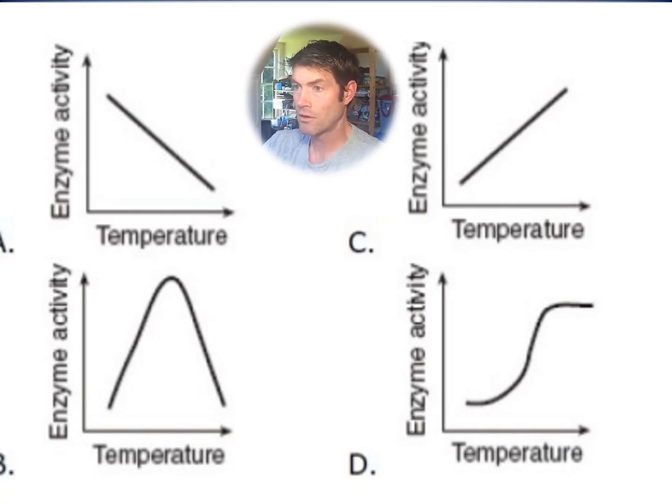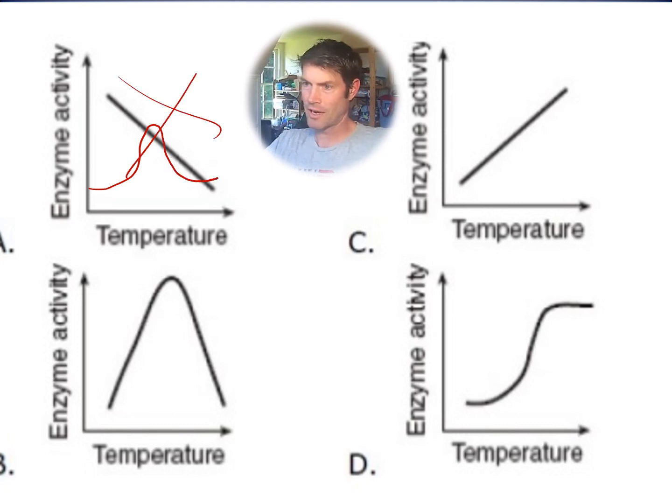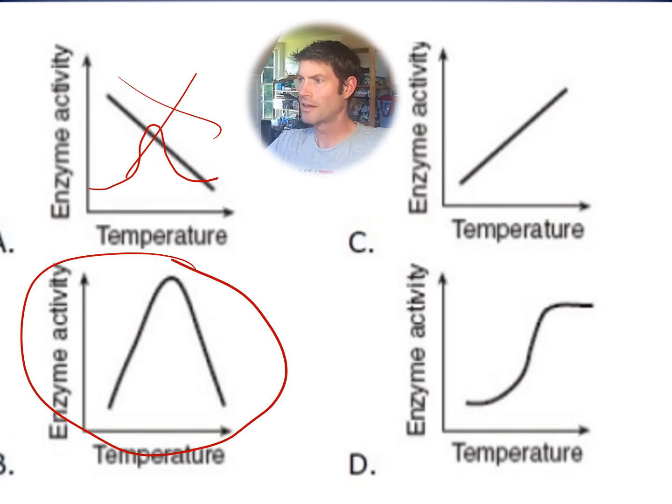And here's another little diagram. Temperature increases as enzyme activity increases. Is this true? Now remember, enzyme activity will increase to a certain point with temperature, and then as it starts to denature, will decrease. So this is incorrect. This is your correct answer.